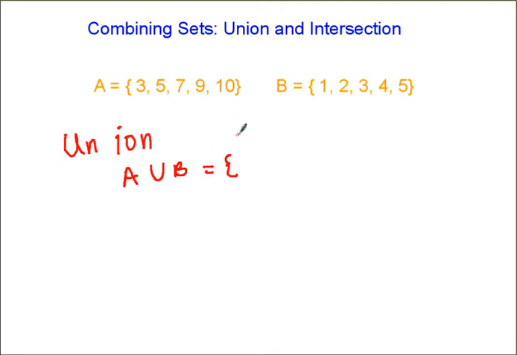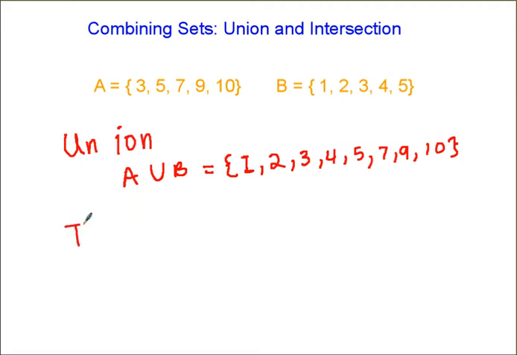The number 3 is in both sets, but we don't need to write it twice. We just need one list of each unique item in the set. So 1, 2, 3, 4, 5, 7, 9, and 10. So that would be the union of sets A and B.